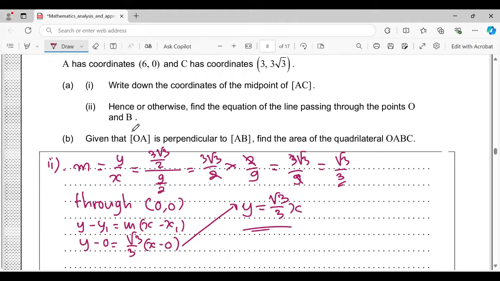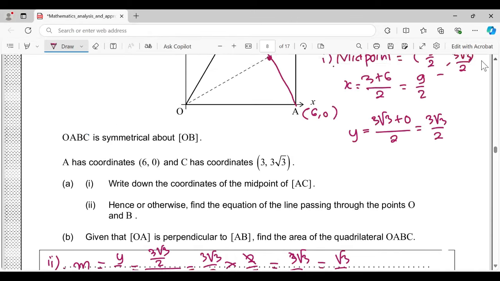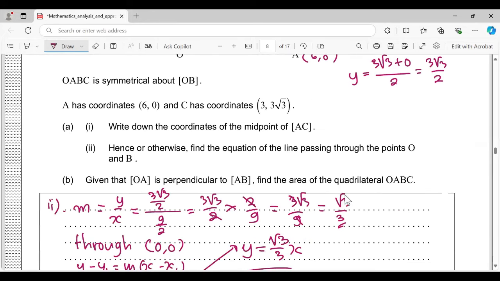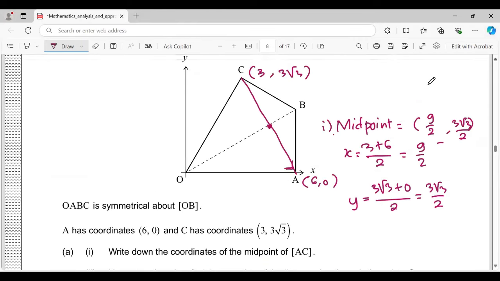Given that OA is perpendicular to AB, which means 90 degrees here, find the area of the quadrilateral OABC. We are going to find this area.